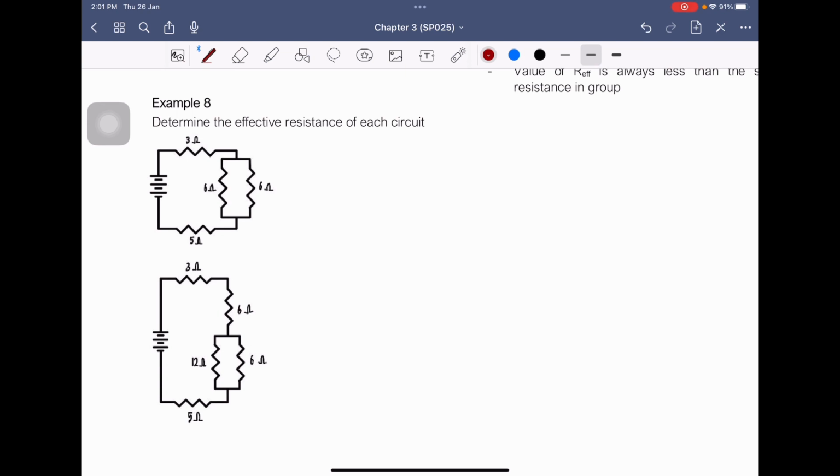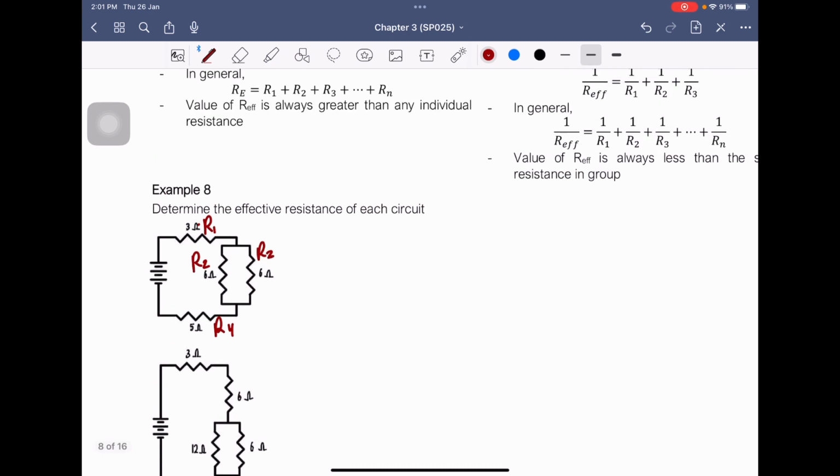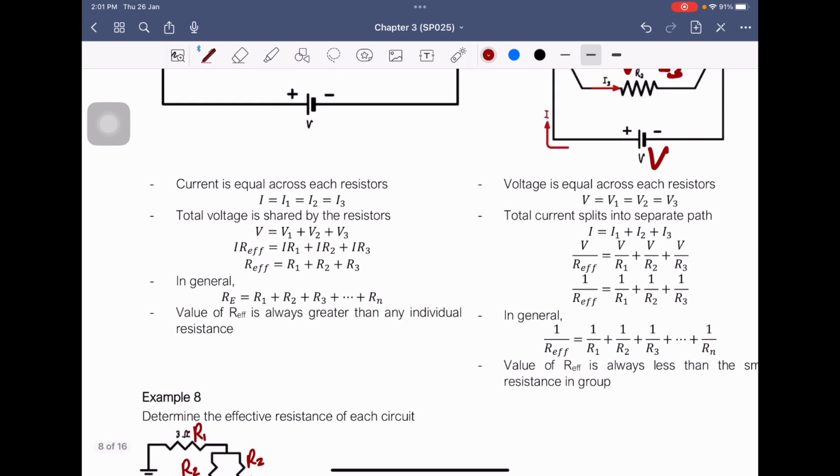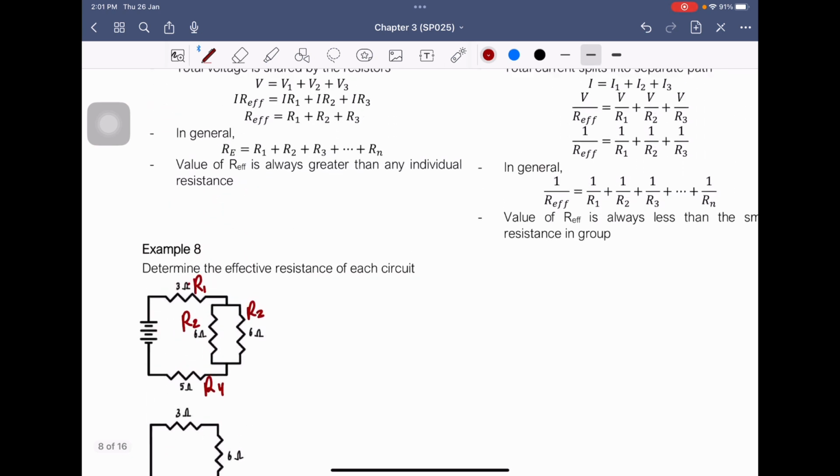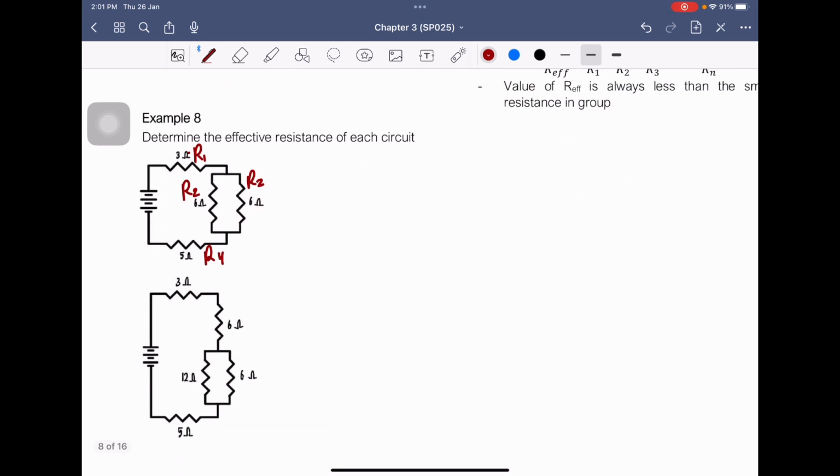It will be difficult. So this is R1, R2, R3, R4. So we will do R2 and R3 first. So this is connected in parallel. So that is 1 over 6 plus 1 over 6 to the power of -1.